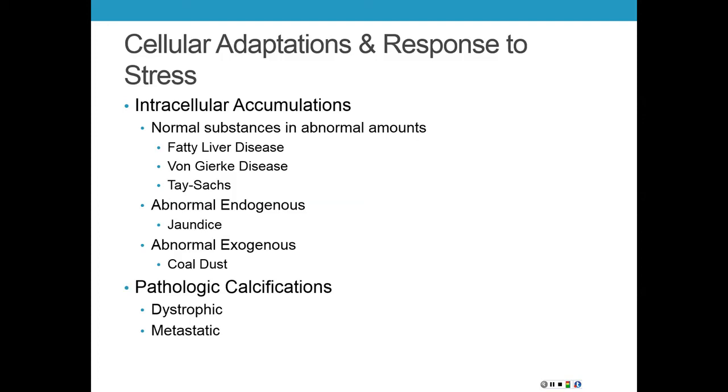So again, metastatic is hypercalcemia, and probably also high levels of phosphate, depositing in the blood vessels, in lung tissues, and in the tubules of the nephrons. So dystrophic and metastatic are similar, but dystrophic is accumulating in areas where the tissue is already damaged. Metastatic is causing its own damage all on its own.